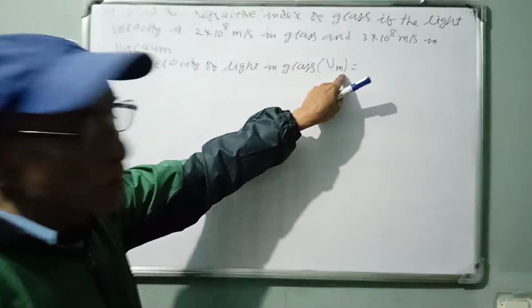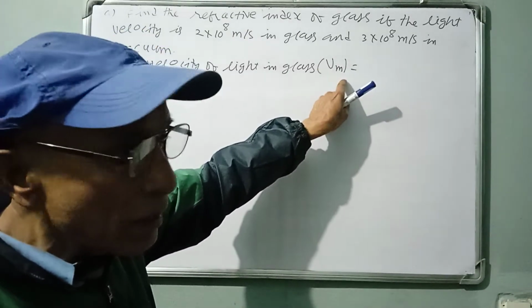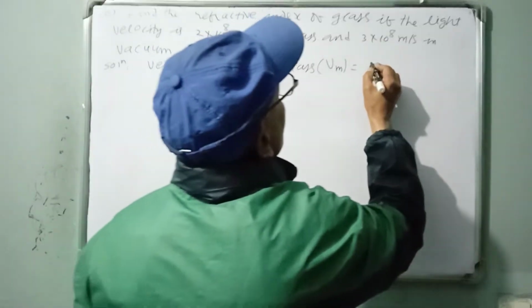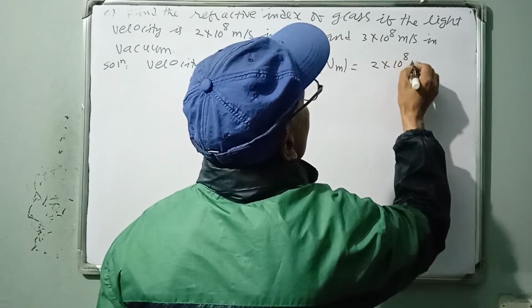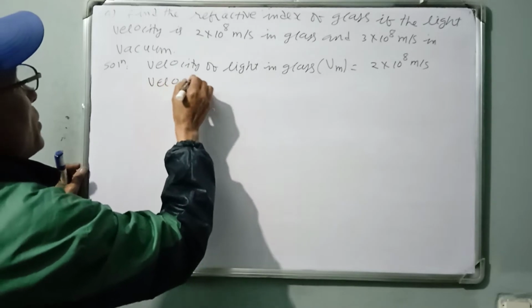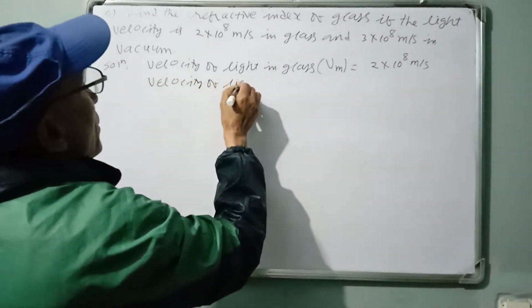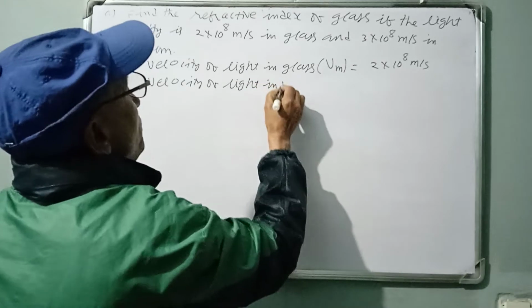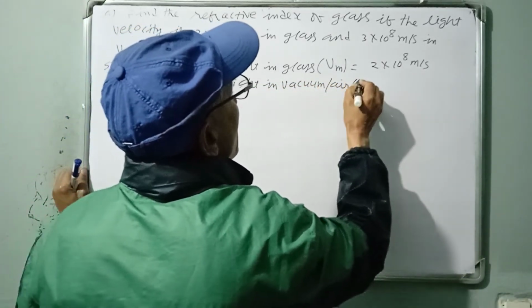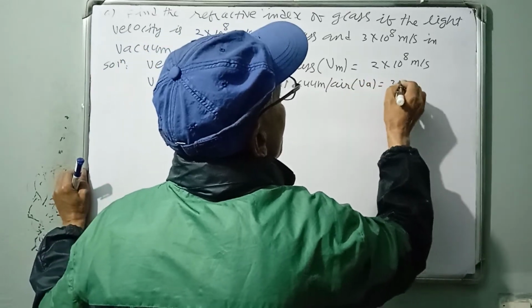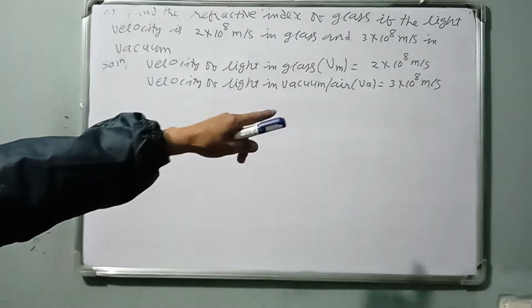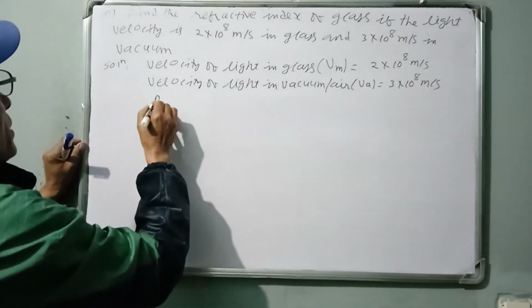Here M doesn't mean glass, not VG. Here M for medium, any medium like glass medium, is 2 into 10 to the power 8 meter per second. It is given. Velocity of light in vacuum or say air, Va, equals 3 into 10 to the power 8 meter per second. Given, velocity given. What is the refractive index?